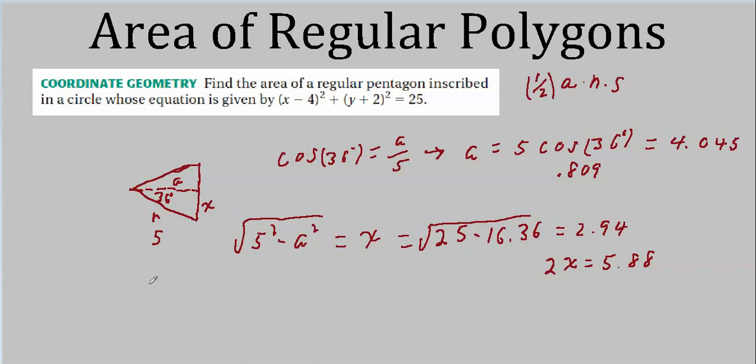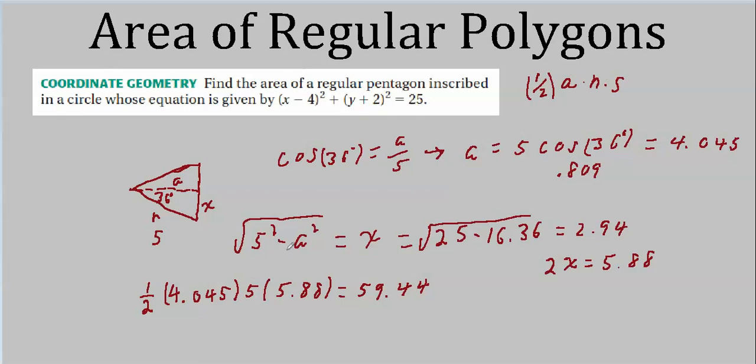So for the area, we should get 1/2 of A, that's 4.045. We plug in the actual numbers that we've derived for each of these variables. A is 4.045. Well, 5 we didn't have to derive, they told us it was a pentagon.